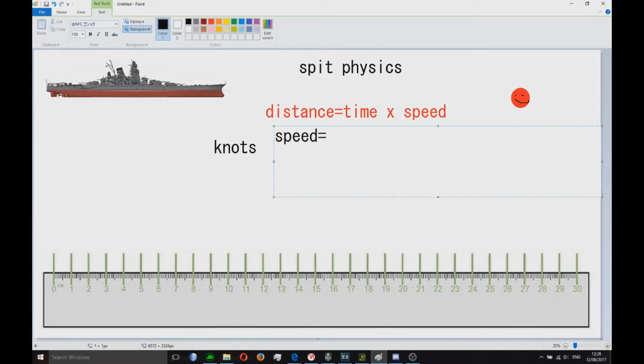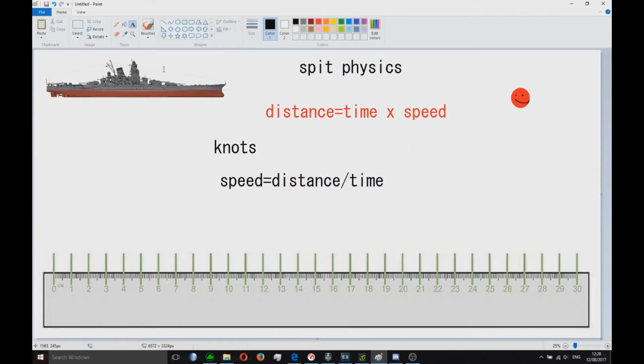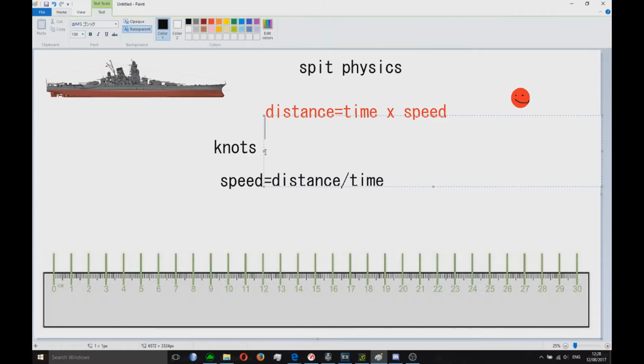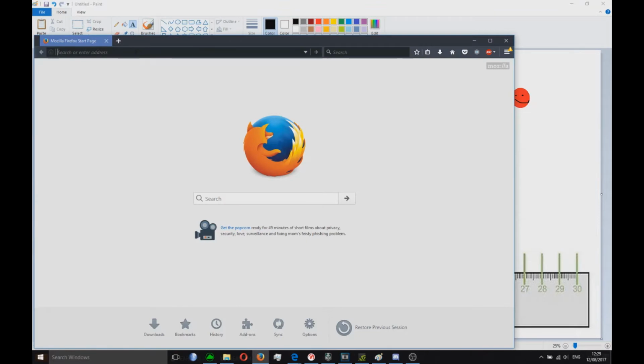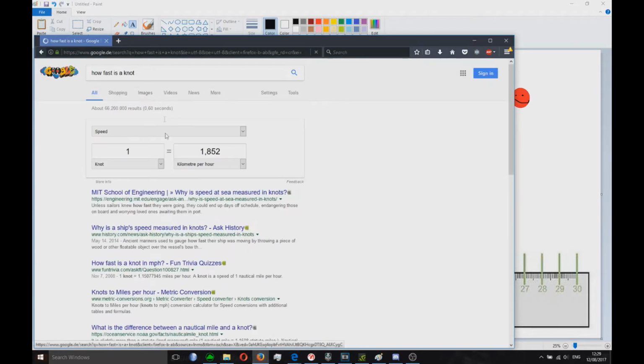So do you remember the first equation? Speed equals distance divided by time. Well, we can actually do some cool stuff with that. So we know knots is a unit of speed. So what you can then do is knots is actually equal to some distance. Let's call the distance s, because physics, and then divide that by t. So I kind of got curious, and 1 knot is 1.852 kilometers per hour.